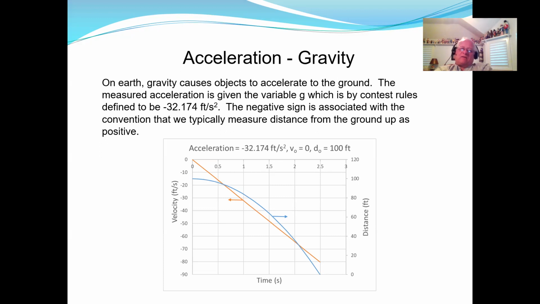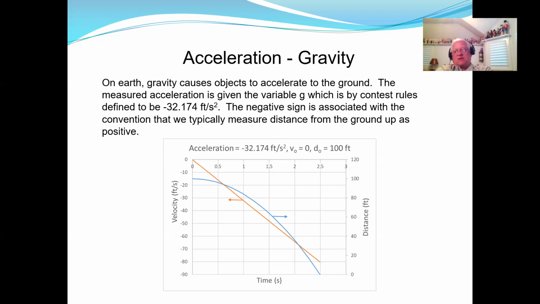And I could calculate then using the distance and velocity equations. The distance and velocity are a function of time, which is shown on the plot. Again, the orange plot is the velocity on the left side. The blue is the distance traveled on the right side. We see that due to the acceleration, the velocity is changing linearly. That's the orange curve. And the blue curve is changing parabolically, as we see here in this case. Furthermore, if we've traveled out to where I hit the ground, which is at d equals 0, that's at 2.5 seconds, according to this plot.